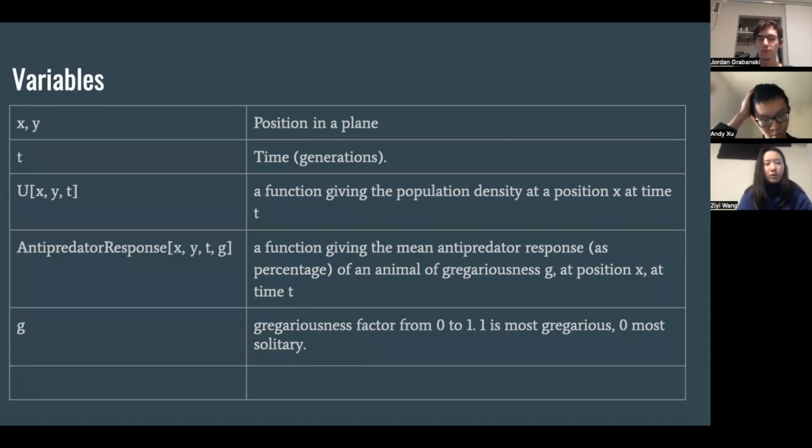And this is our variable table. We have X, Y denoting the position in the plane, and T for the time, which is the generations, and U(X, Y, T) denoting the function giving the population density at position X, Y at time T. The anti-predator response is a function using the variables X, Y, T, and G to represent the mean anti-predator response of an animal of gregariousness G at position X, Y at time T. And G is the gregariousness factor from 0 to 1, where 1 is the most gregarious and 0 the most solitary.